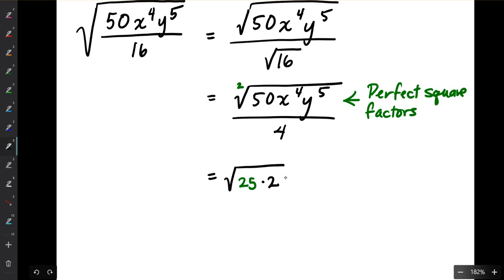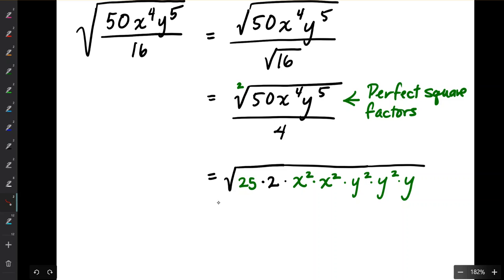And x to the fourth is a perfect square as well. It's x squared squared. But what you could do is just write x to the fourth as x squared times x squared. And then y to the fifth has a y squared times a y squared times one more y in it, all over 4.